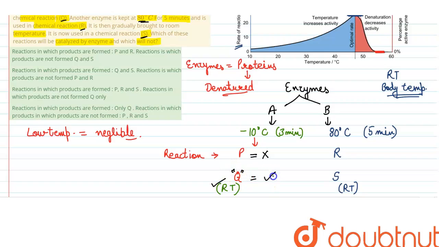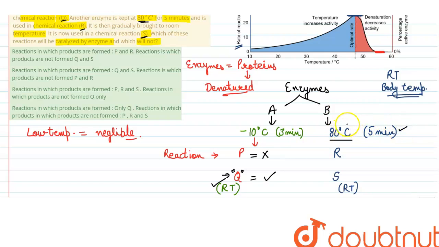So here the product will be formed because the enzyme at low temperature did not lose its structure, it was just inactive. So when it was brought back to the room temperature and used in the reaction Q, the product will be formed.